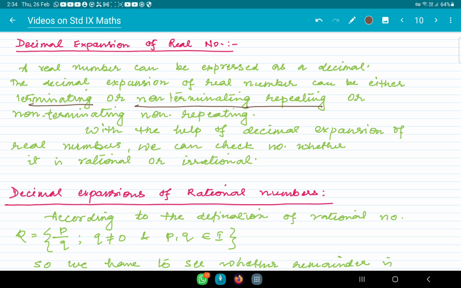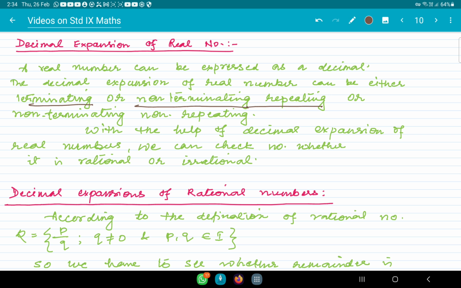But if it is non-terminating, then sometimes it may be repeating also, meaning the digits repeat again and again, or come periodically again and again. In that case we say these numbers are non-terminating repeating, or non-terminating, maybe non-repeating also.